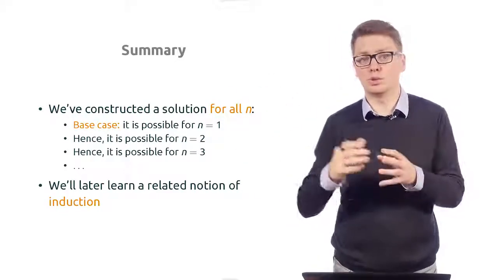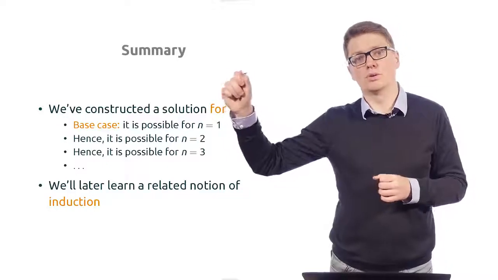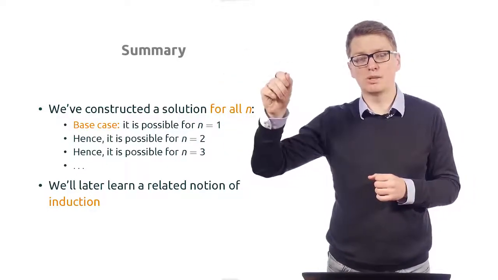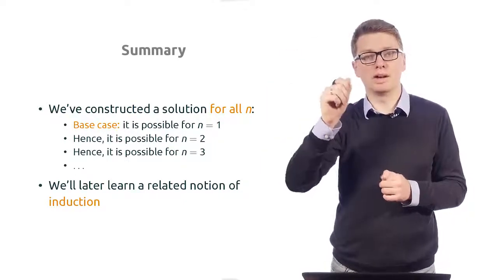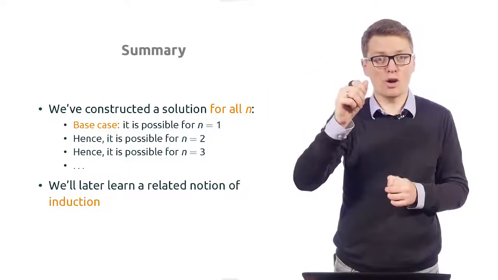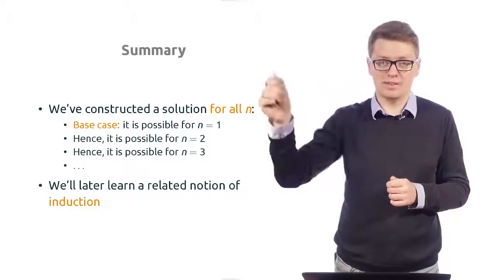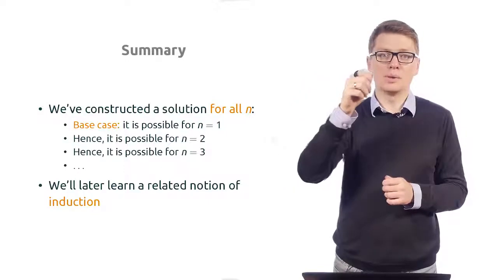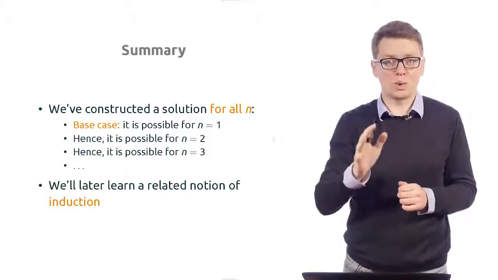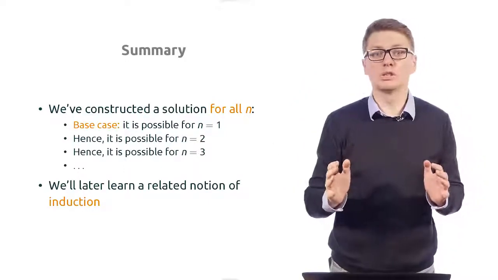Or put otherwise, to solve the problem for n, we need to solve it for n minus 1. To solve the problem for n minus 1, we need to solve it for n minus 2. Meaning that if we know how to do this for n minus 2, then we definitely know how to do this for n minus 1, and so on. So going backwards, we will reach 1, and for 1, we know that it is possible.